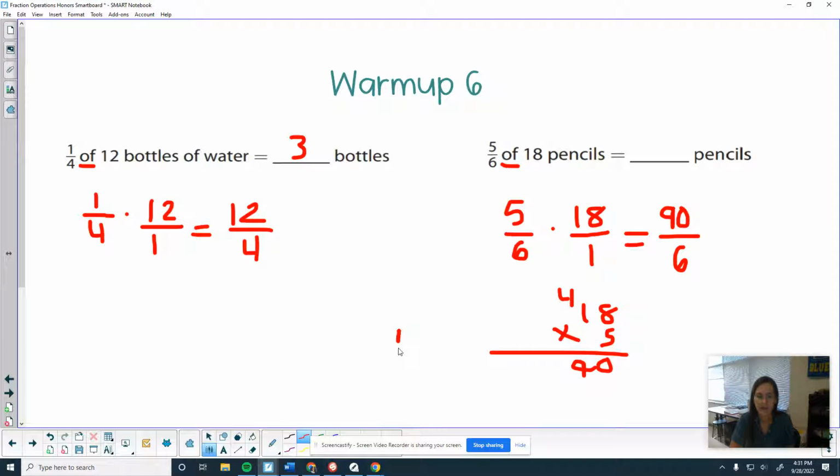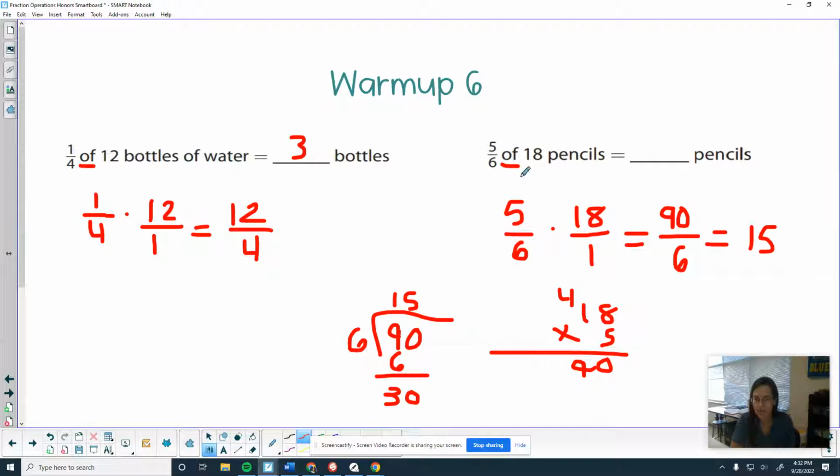Feel like 90 divided by 6 is going to be a whole number. Let's see. 90 divided by 6 is, I think it's like 15. Let's see if I'm right. Yep, sweet. So 90 divided by 6 is exactly 15.